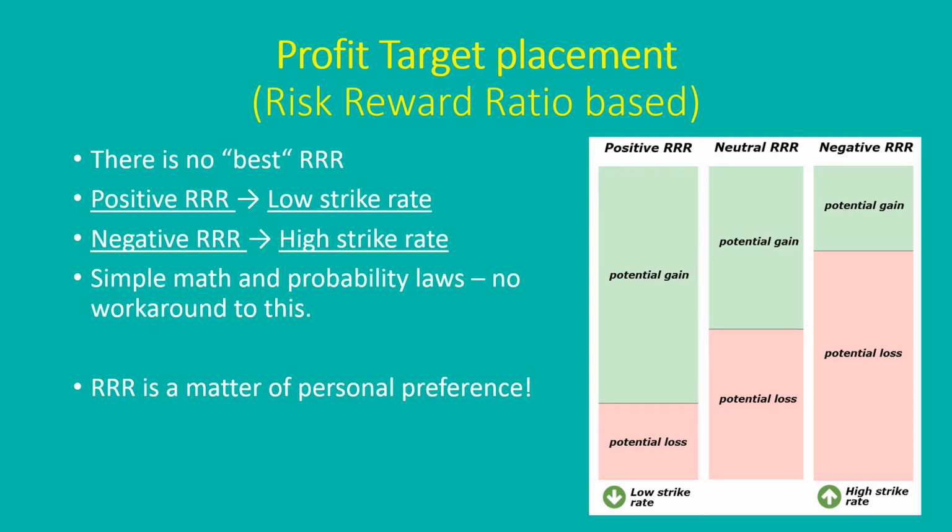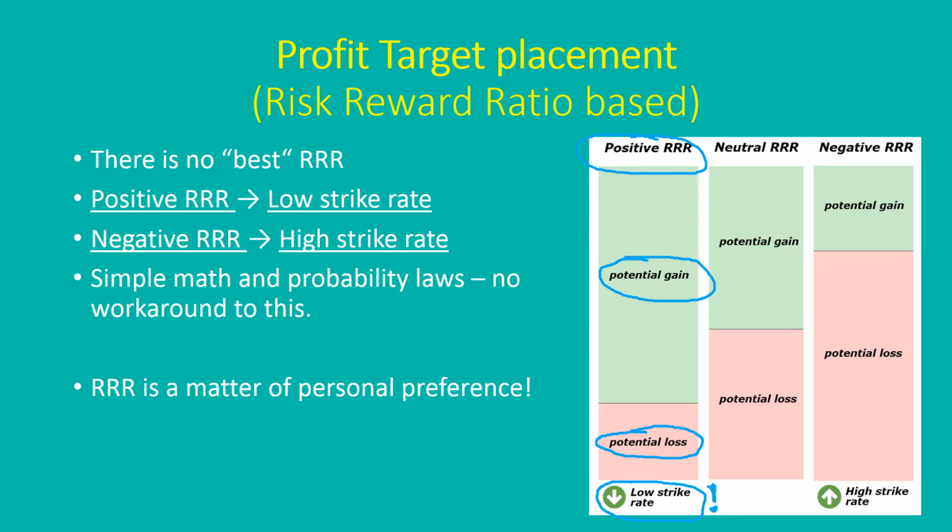Now one thing I need to mention is that there is no best risk-reward ratio. If you have a positive risk-reward ratio, then you will have big potential gain, small potential loss, but you'll have a low strike rate.